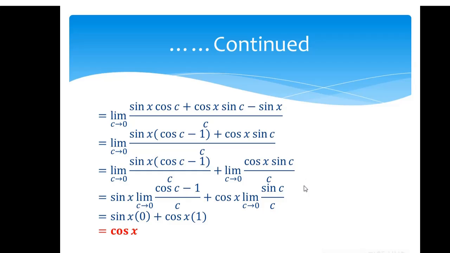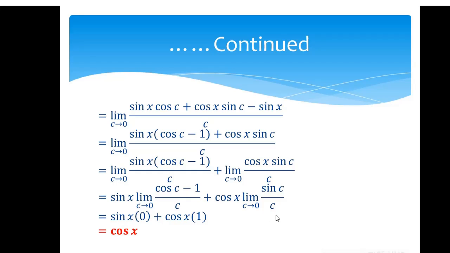After splitting into two fractions, this is what I get. I can bring the sine x out of the limit since it does not contain the c. The same applies to cos x. I can bring it out since it does not contain the letter c. Now I say the limit as c goes to 0 of cos c minus 1 over c. We have the standard result for this limit and it's 0.